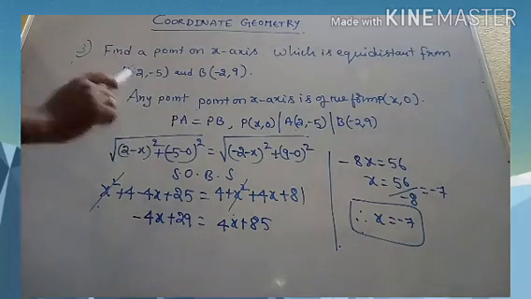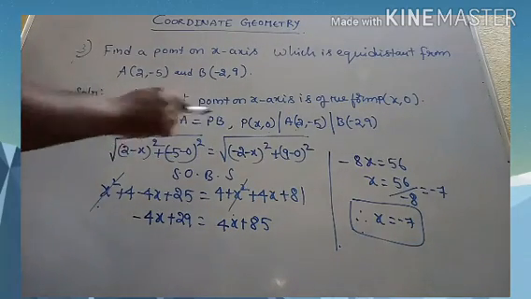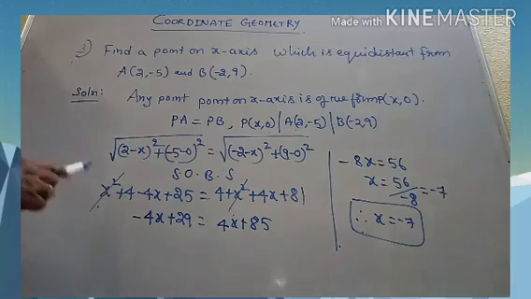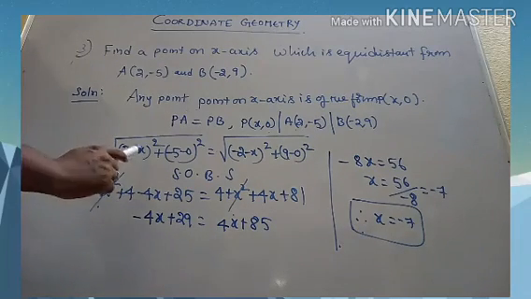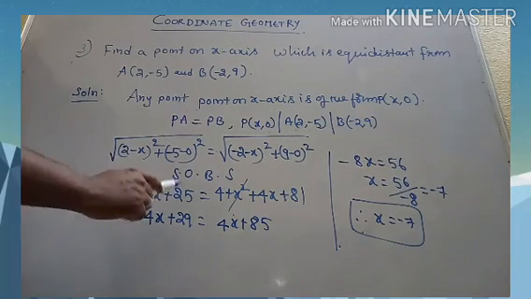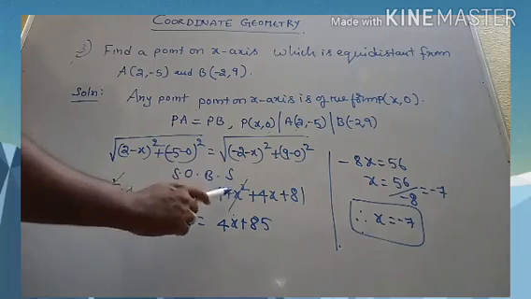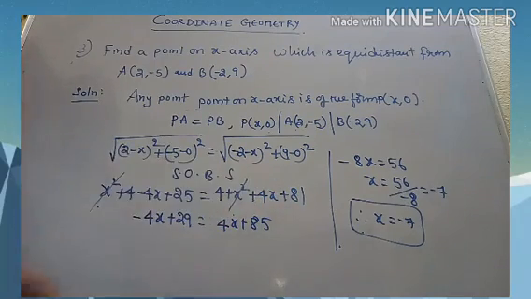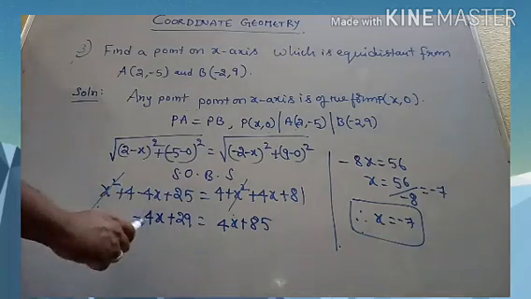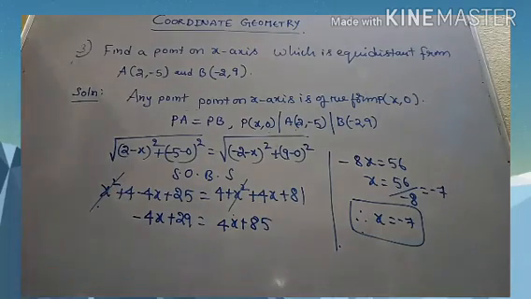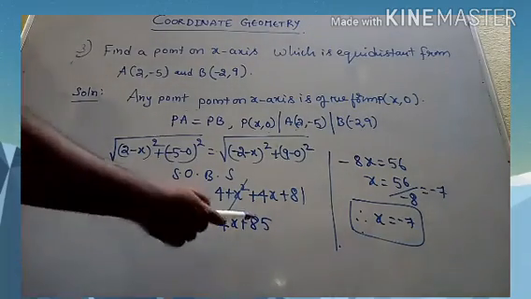Now by squaring on both sides, the square root will be cancelled, and if you simplify this, x square plus 4 minus 4x plus 25 is equal to 4 plus x square plus 4x plus 81. This x square and x square will be cancelled. Now you have got minus 4x plus 29 is equal to 4x plus 85.